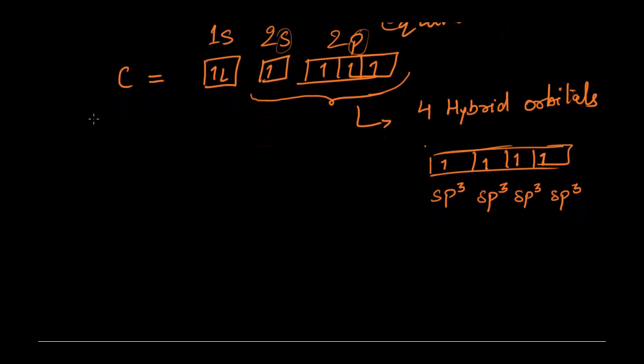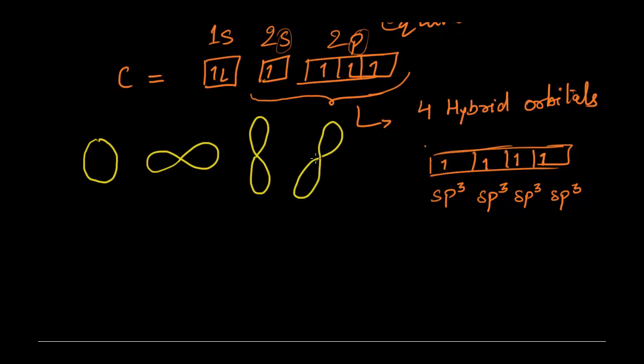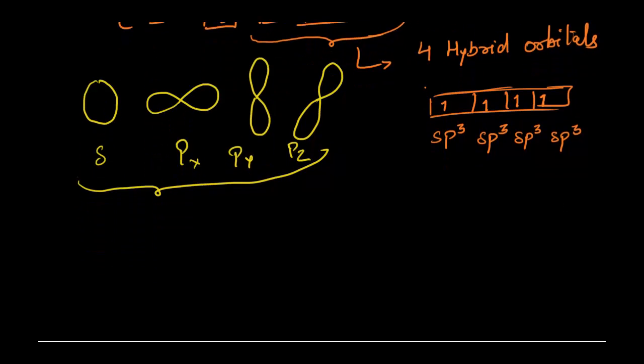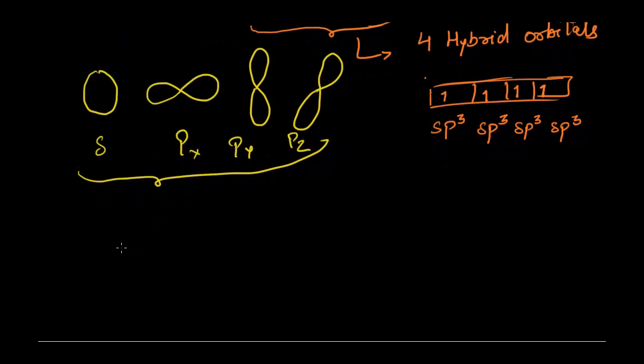Okay, let me explain this with a diagram here. So this was my s orbital, this was my p orbital, this was my px, let's say, this was my py, and pz. S, px, py and pz. All four orbitals mix together and give me four hybrid orbitals. Now how do those four hybrid orbitals look? They look something like this.